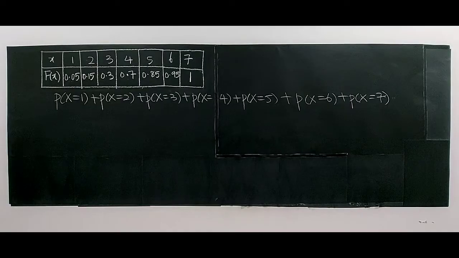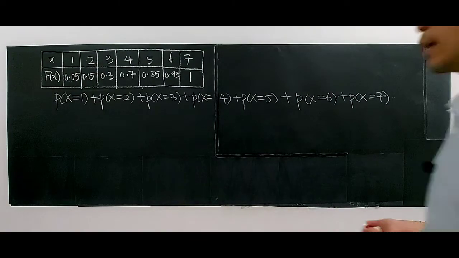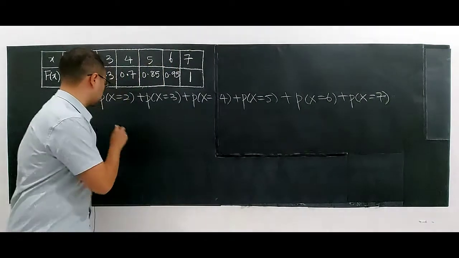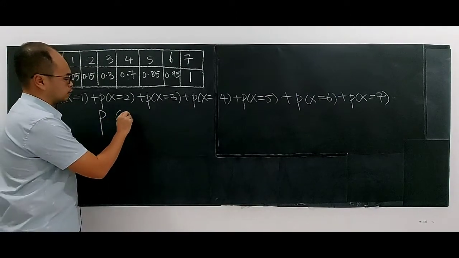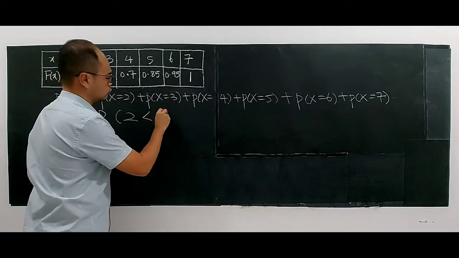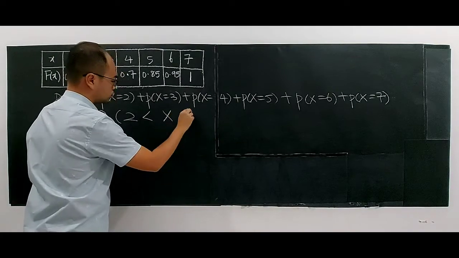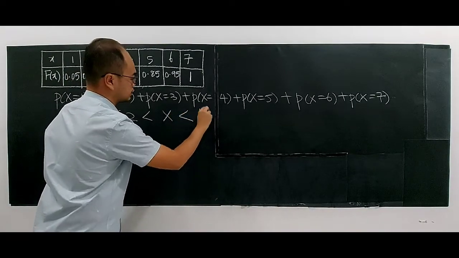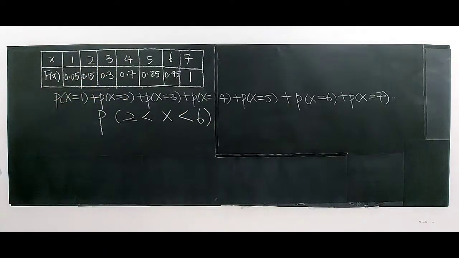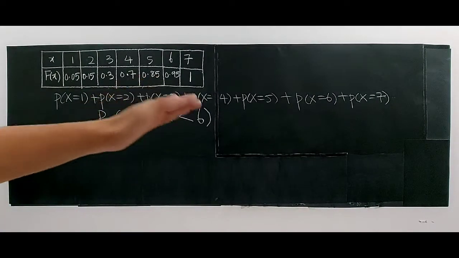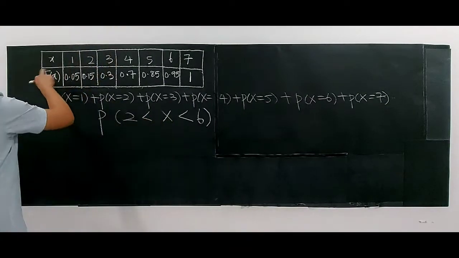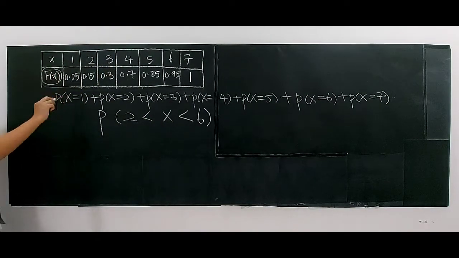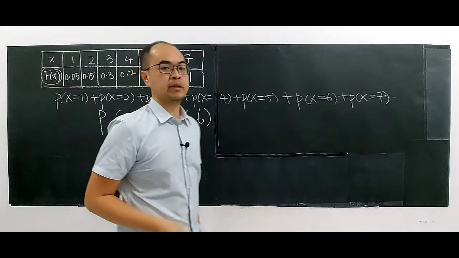Alright, let's look at another example. For example, if I find the probability between 2 and 6, not including 2 and not including 6, you should understand that by using the cumulative distribution, the way of finding probability here will be different.